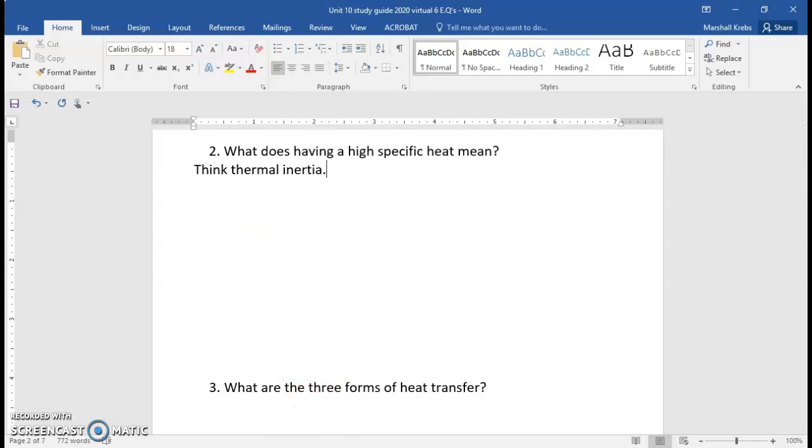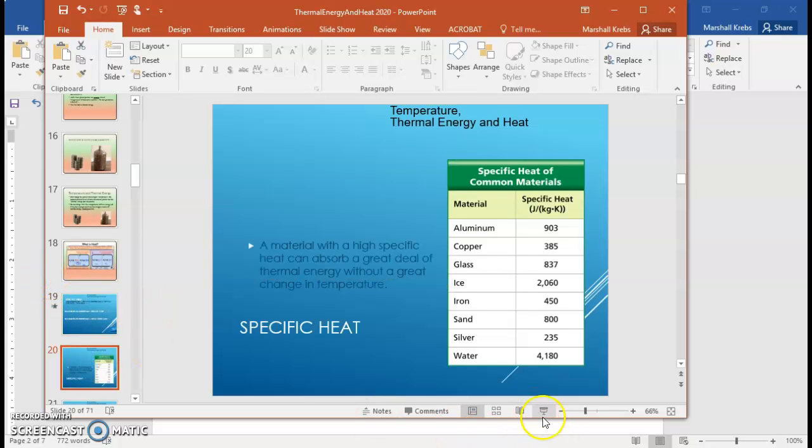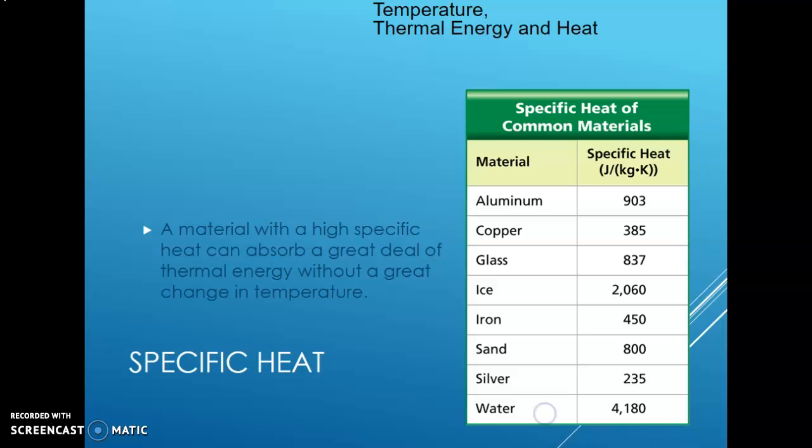Let's jump over to the slides. Let's go to the next slide here. I'm just going to blow that up for you. So if you take a look at this comparison chart, the highest by a long stretch is water. Water is more than double its next closest competitor, which is ice, which is water just in a different phase.